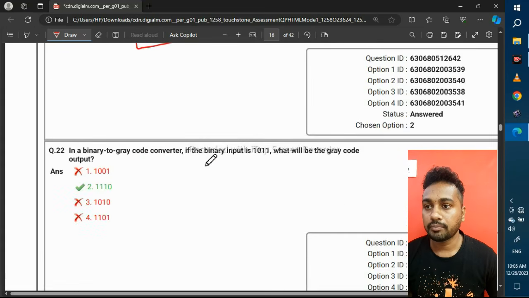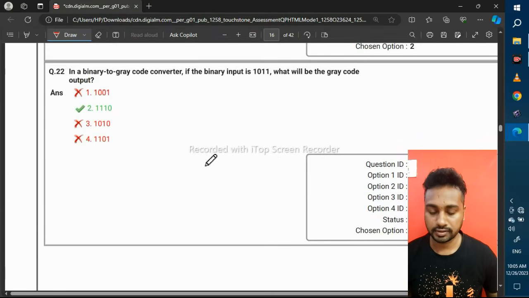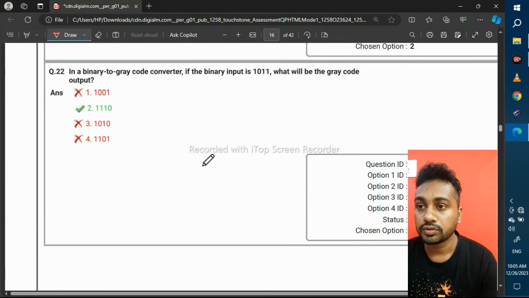In a binary to gray code converter, this is a simple question they asked. So how to do binary to gray conversion? The input is 1 0 1 1. So MSB as it is we have to put, so it is 1.